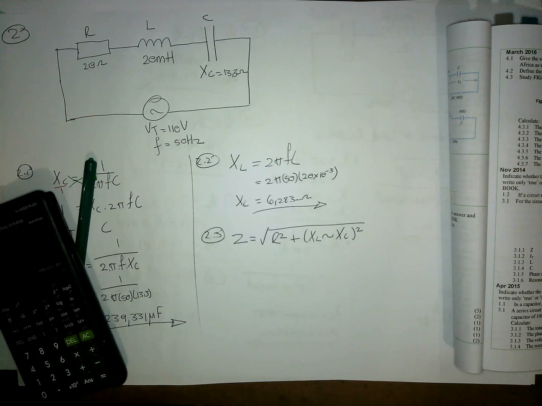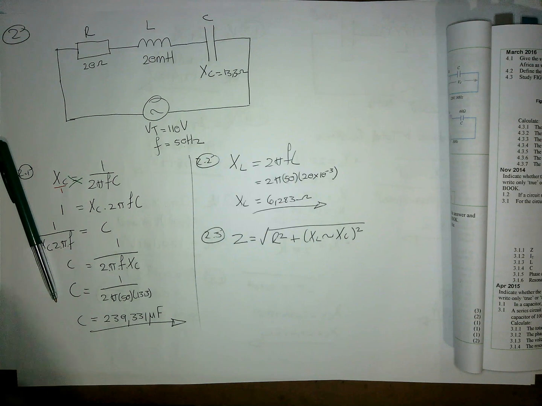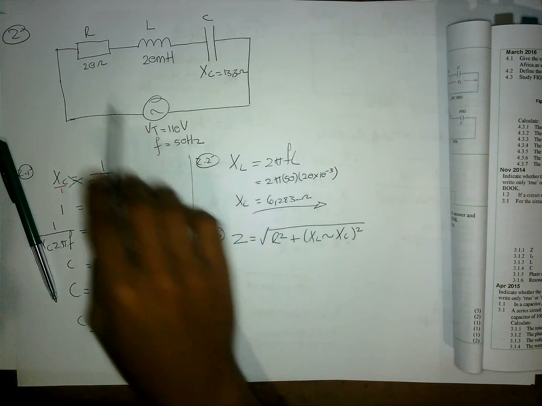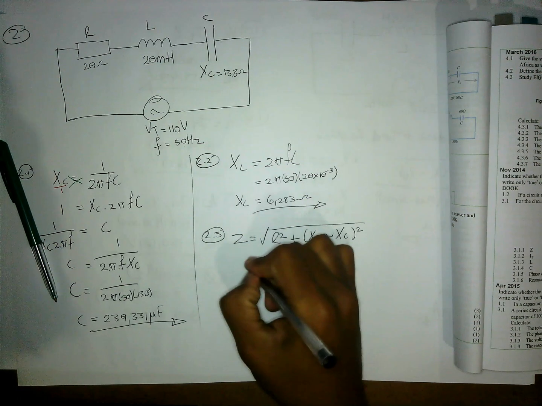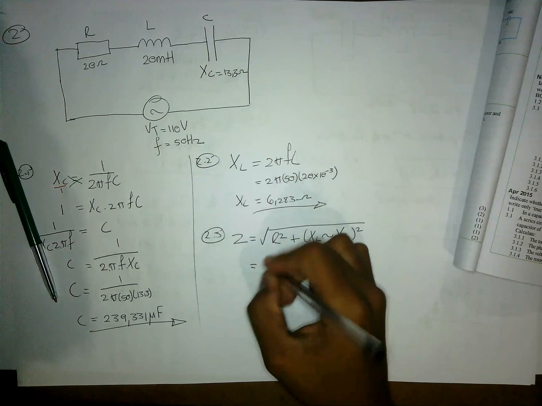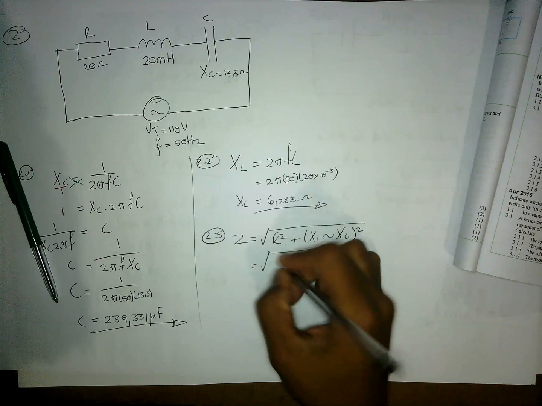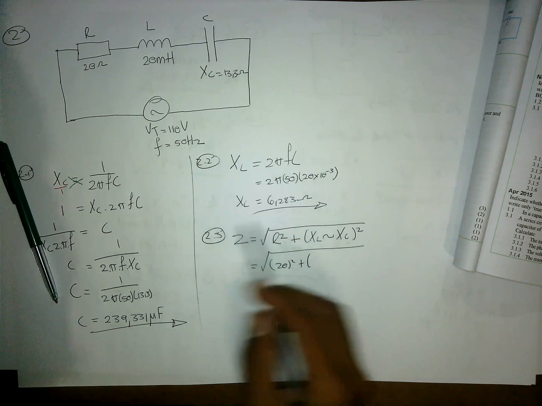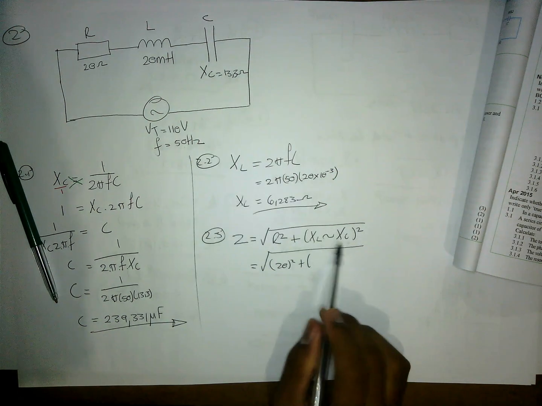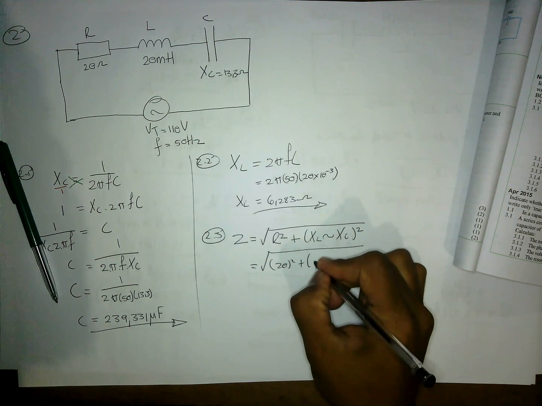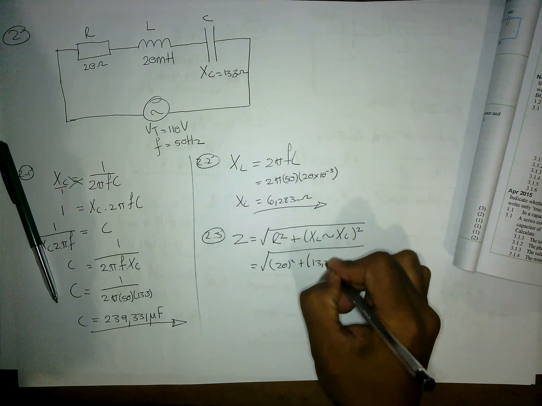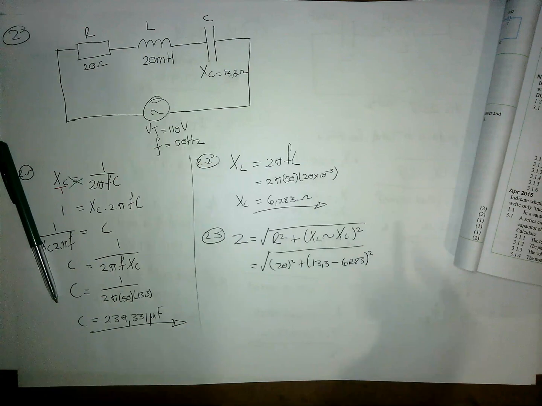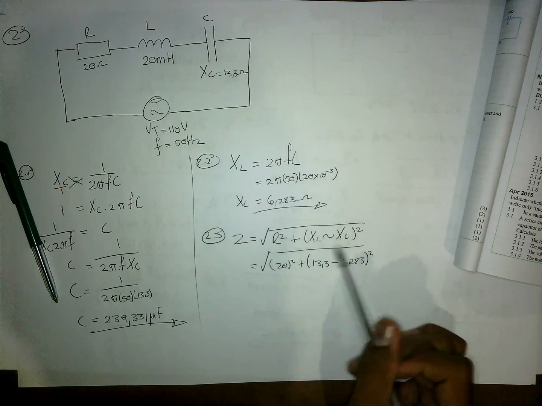Now all I do is substitute, because I have my XC value, my XL value, and my R value. So I substitute my 20. My XC is bigger than my XL, so I say 13,3 minus 6,283. Remember what I said? Whichever one is bigger, you put first.